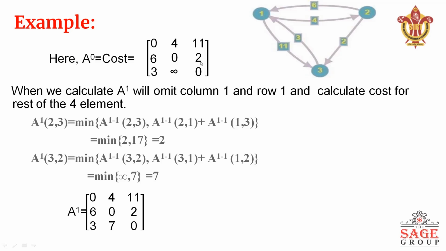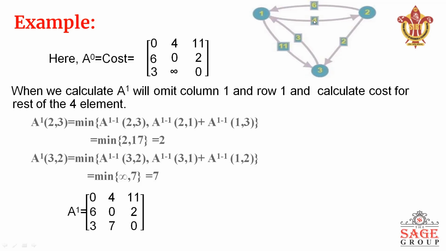We have to find A2,3, the second row, third column, to find the minimum of A2,3. So the minimum of A2,3 is A1 minus 1, as we saw in the earlier formula. If another path exists between 2 and 3, we reach 3 with the help of 1 as an intermediate vertex: A1 from 2 to 1, plus A1 from 1 to 3.